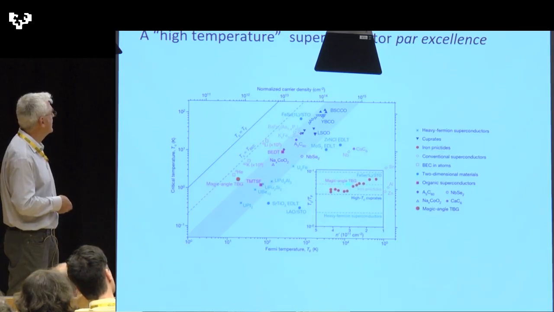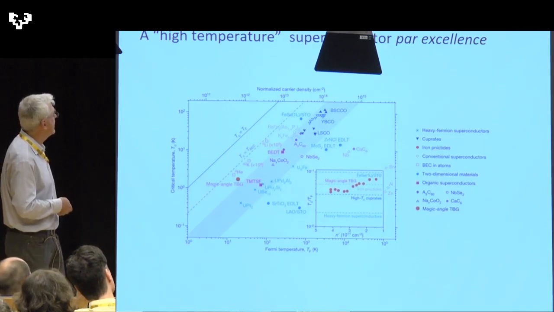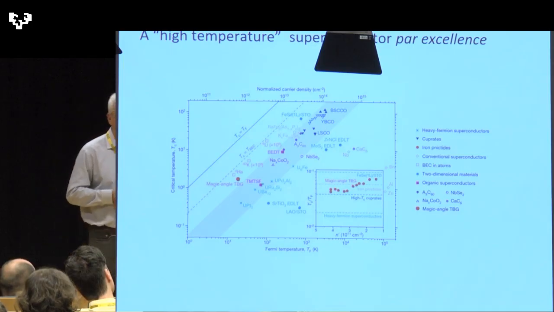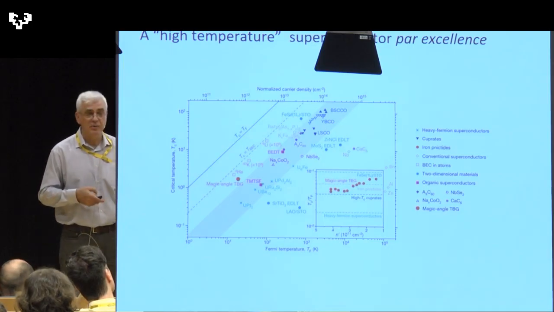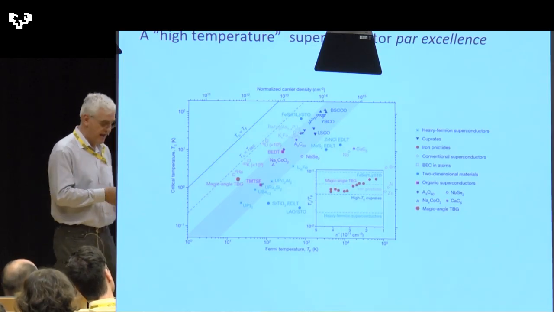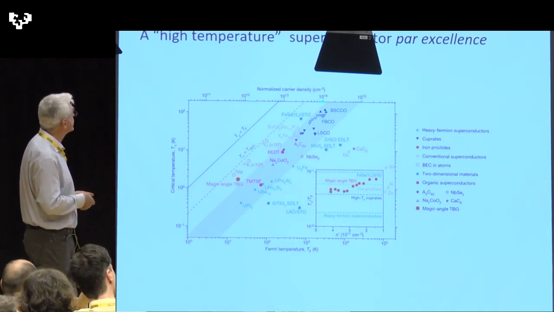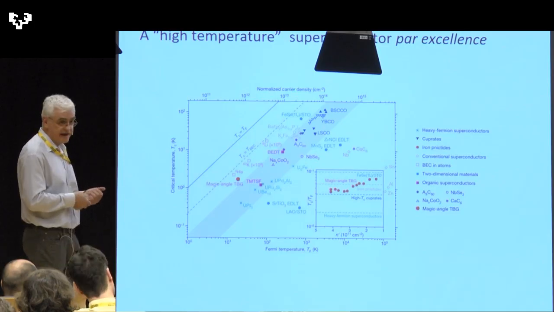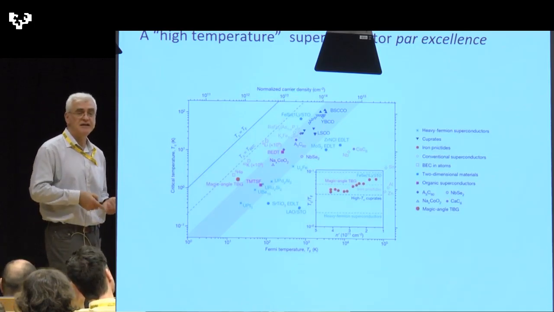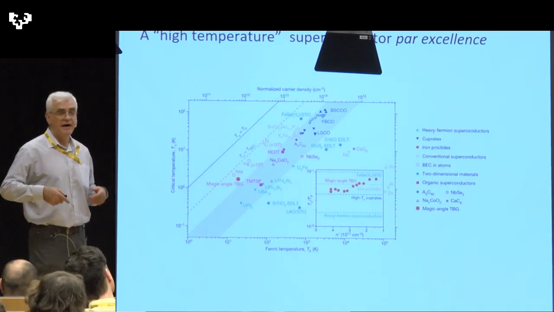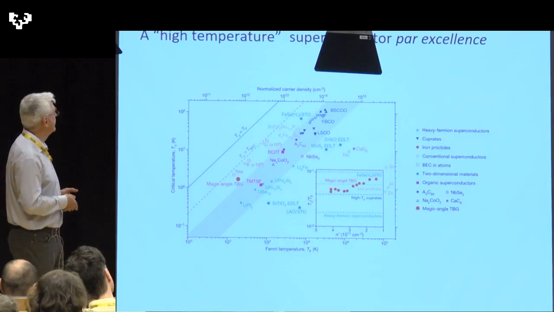The average is this line, and up here is the iron selenide single layer superconductor. So it really is quite high temperature measured in terms of the Fermi temperature, and that's because the Fermi temperature, of course, scales with the carrier density, and you have a very low carrier density because of the very large effective periodicity in the system.